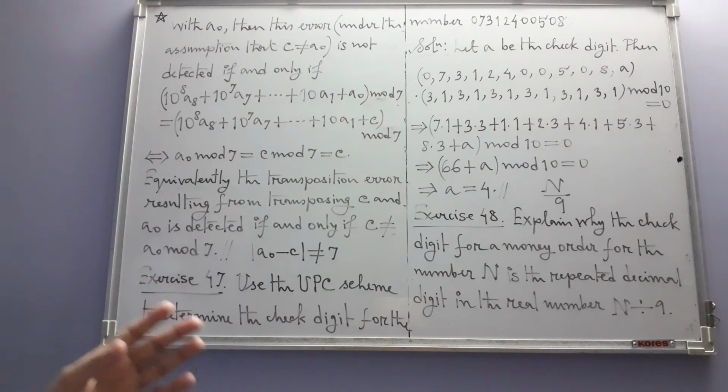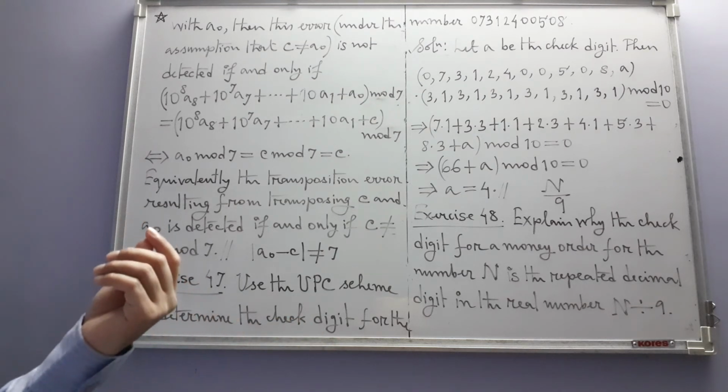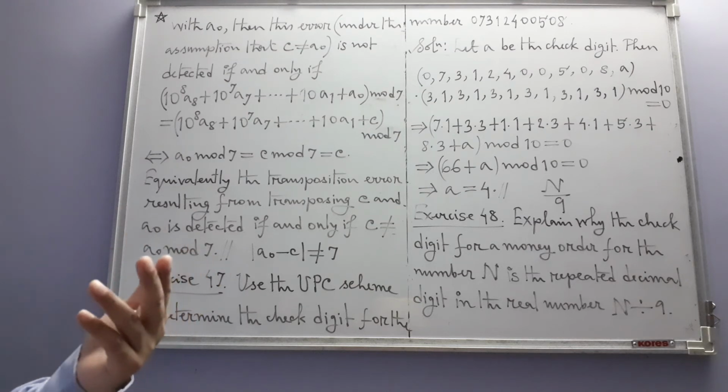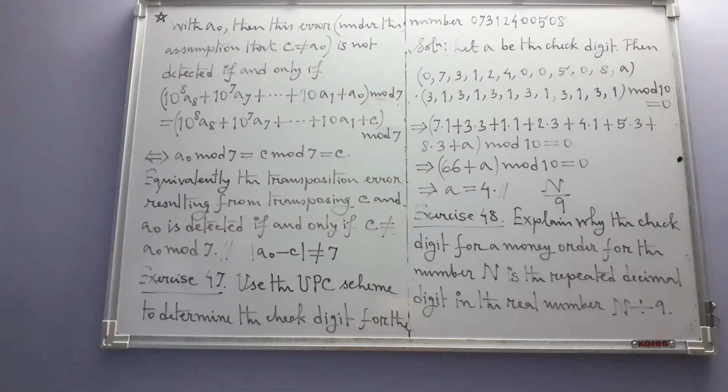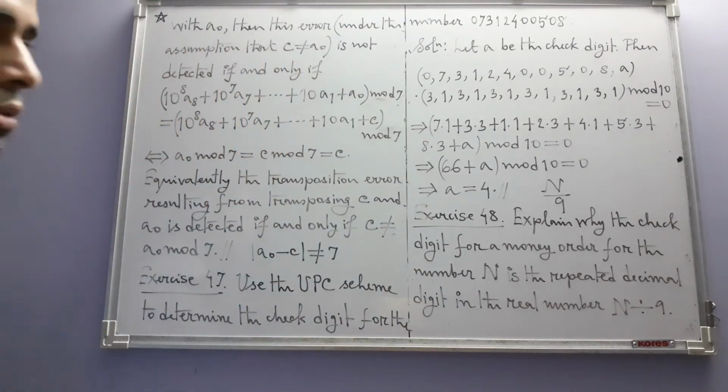If you perform this division and write the result in decimal form, after the decimal point, a digit will be repeated always. That digit turns out to be the check digit. We have to explain why.